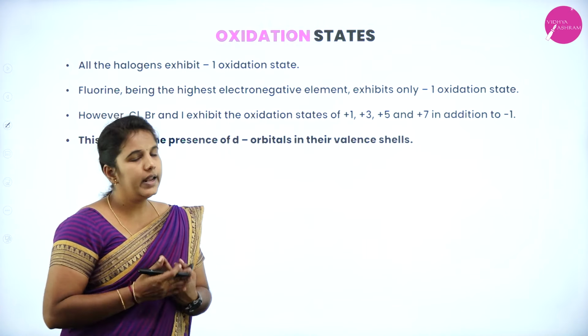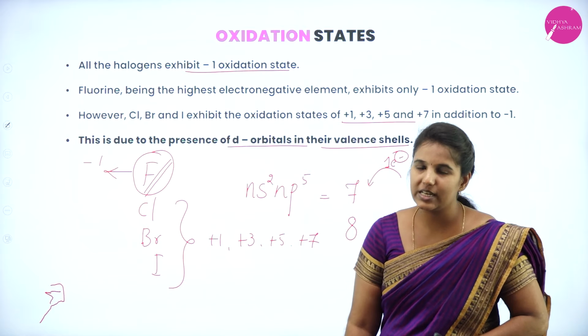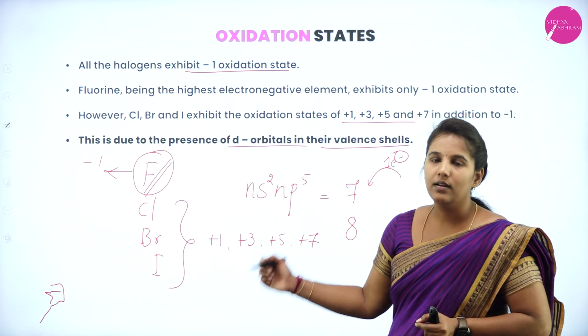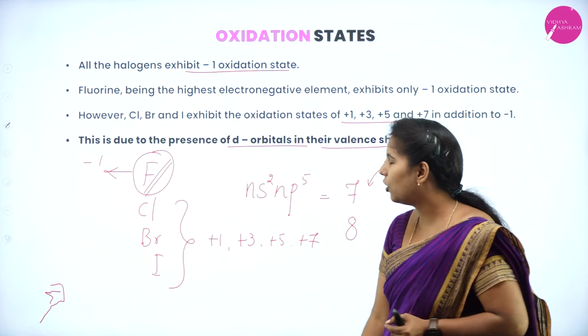Chlorine, bromine and iodine, except fluorine, show +1, +3, +5 and +7 oxidation states, whereas fluorine shows only -1 because there is no d orbital. I am going to explain definitely why -1 oxidation state is exhibited by fluorine while writing the ground state electronic configurations.